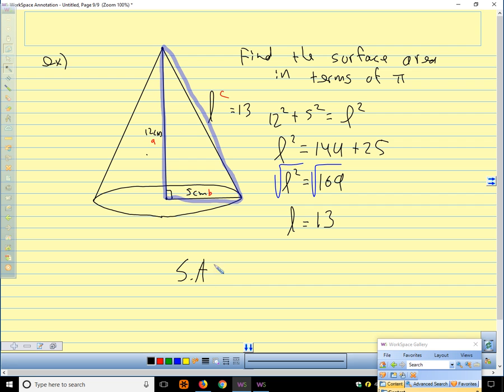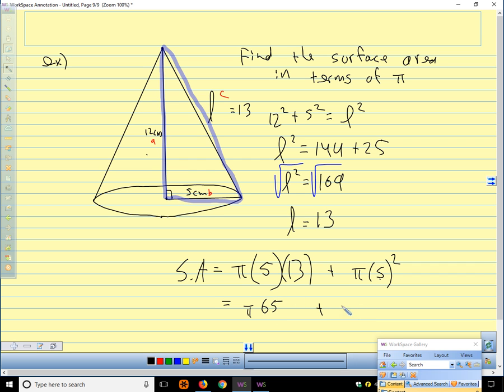Our surface area is pi times the radius times the slant height, plus pi times the radius squared. And we want our answer in terms of pi, so I'm going to leave the pi here. 5 times 13 is 65.